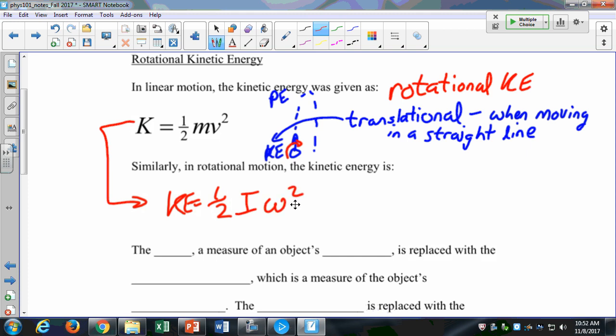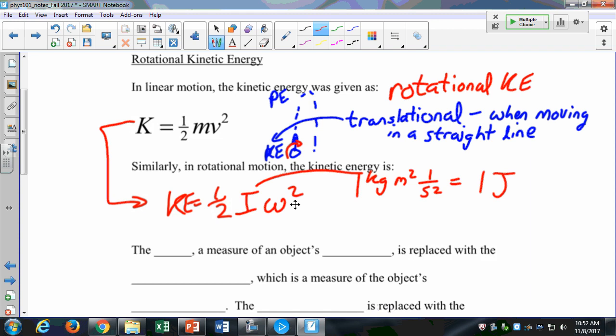So where we had m, we now have moment of inertia, and where we had v, our translational velocity, now we have our angular velocity, our rotational velocity. Our units here are kilogram meter squared. And then our velocity squared is going to be 1/second squared. And so those are the same units as a joule.